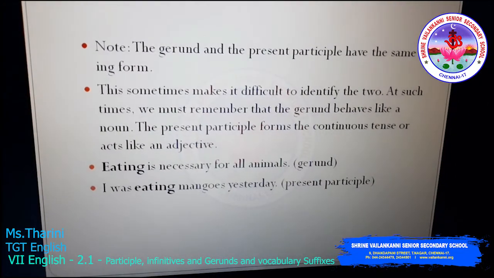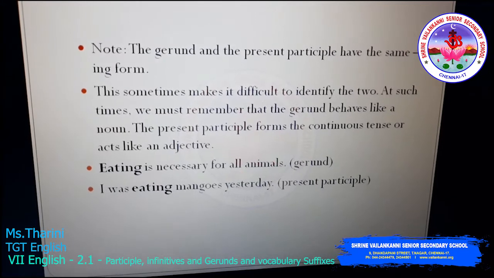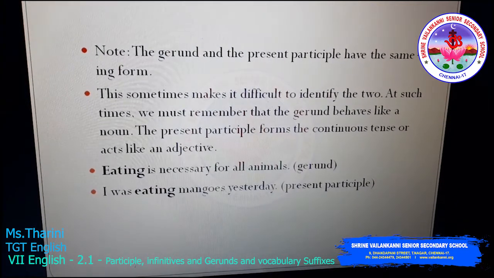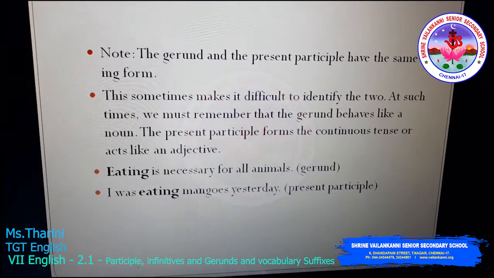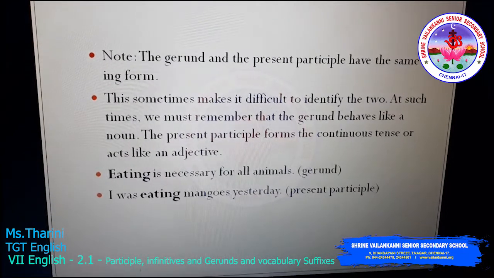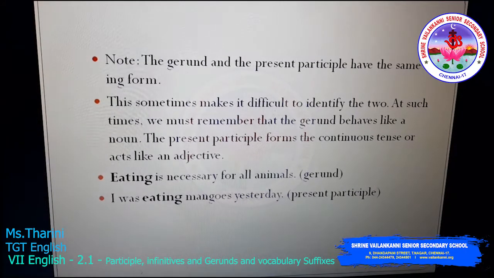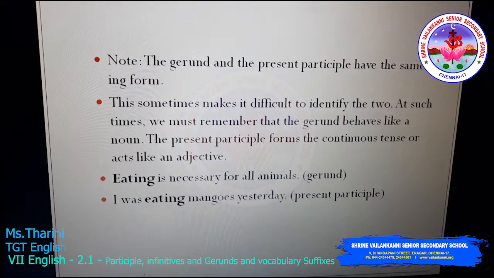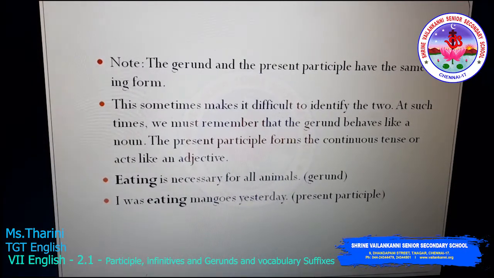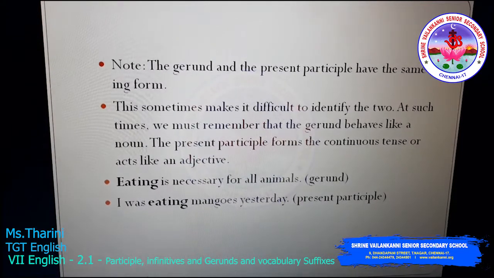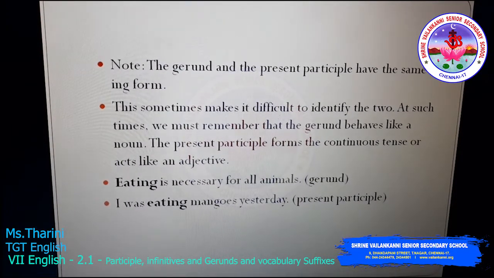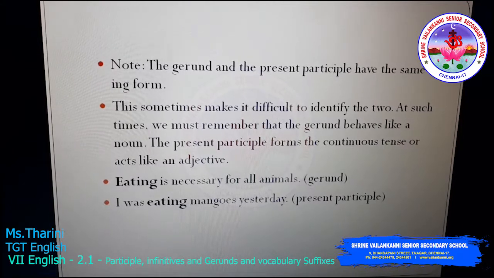The gerund and the present participle have the same ing form. This sometimes makes it difficult to identify the two. At such times, we must remember that the gerund behaves like a noun.